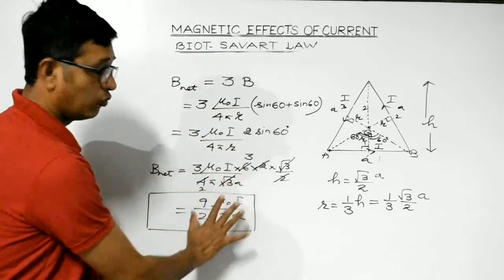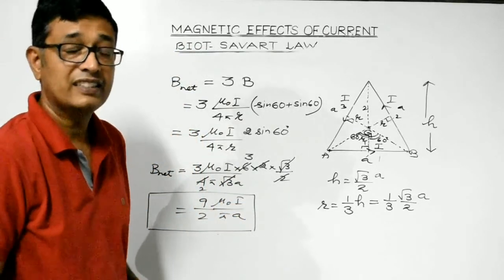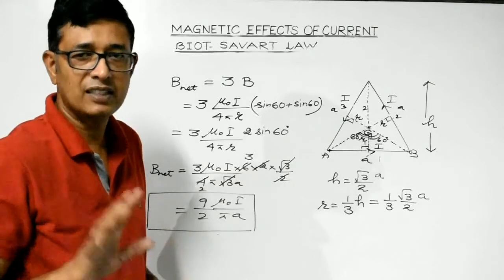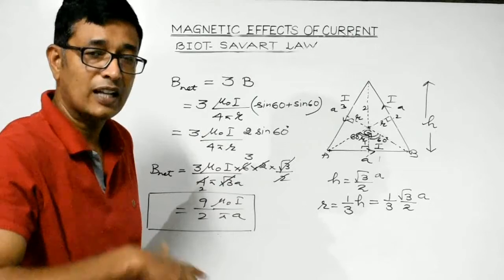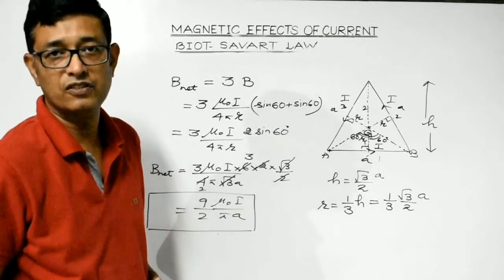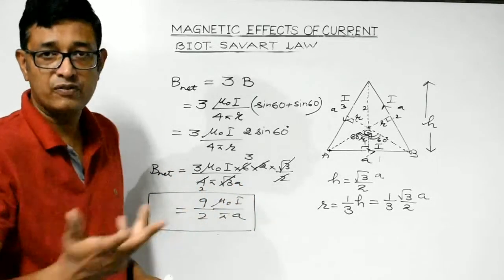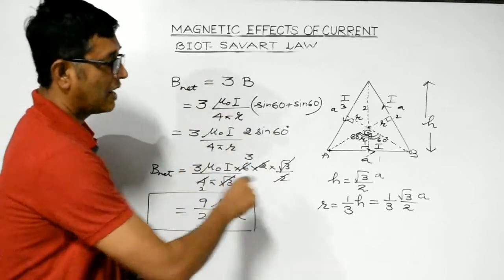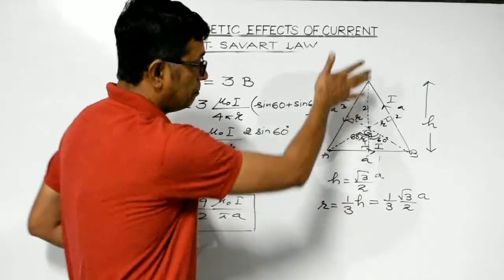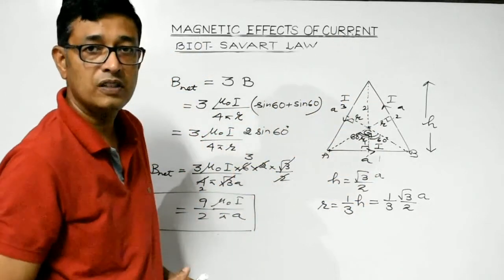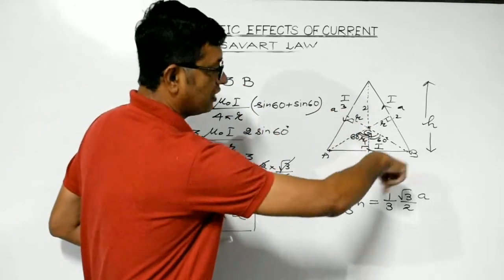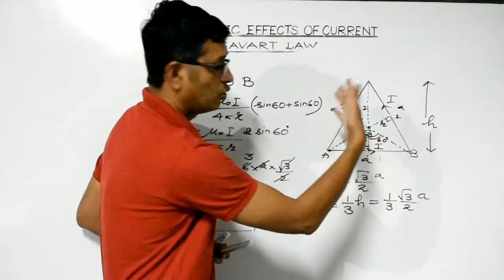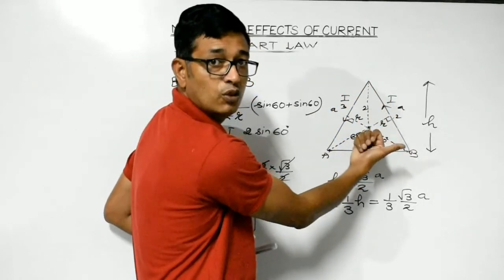So this is one part of the answer, and the second part is the direction. As I told you, magnetic field being a vector quantity, its magnitude as well as direction needs to be written, right? Regarding direction, we have already found the direction of the magnetic field over here would be perpendicular to the plane of the loop and directed outwards. You can check it. The current is flowing in the anti-clockwise direction, so make use of the right hand thumb rule.